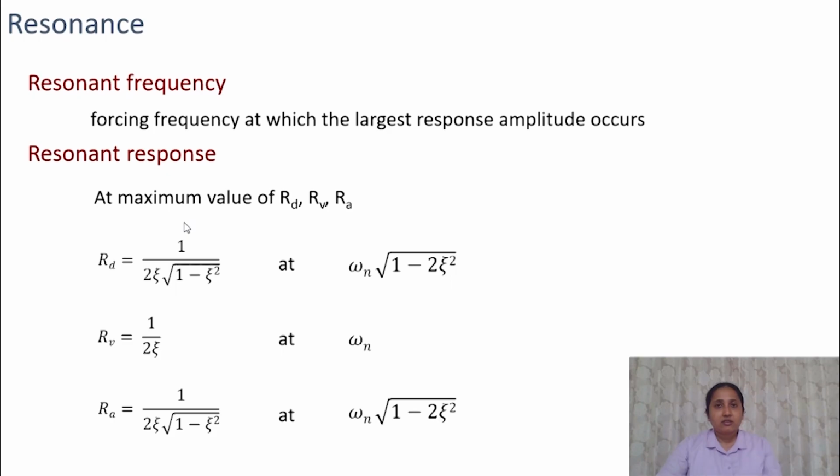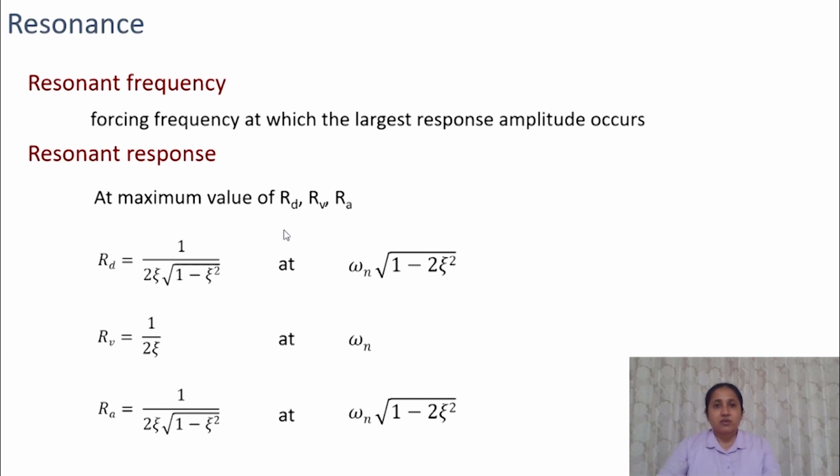So how will you find the maximum value of a function? We can differentiate it with respect to the variable. Here in this case, we can differentiate the expressions for Rd, Rv, and Ra with respect to the forcing frequency, and equate it to 0, and that would correspond to maxima or minima.